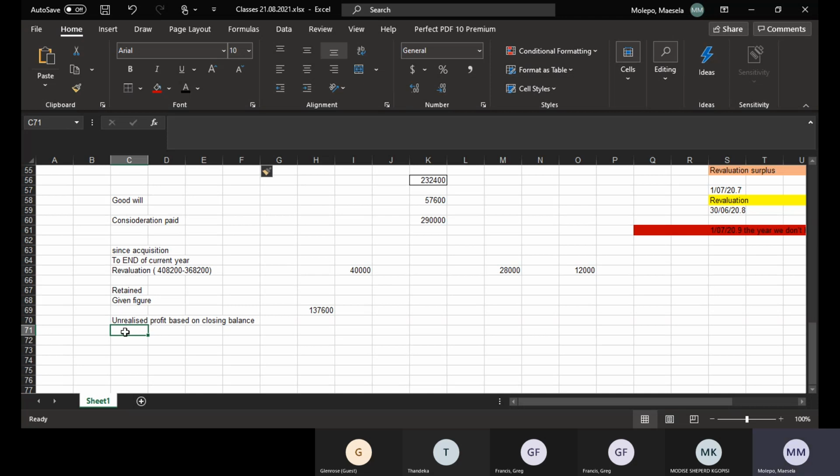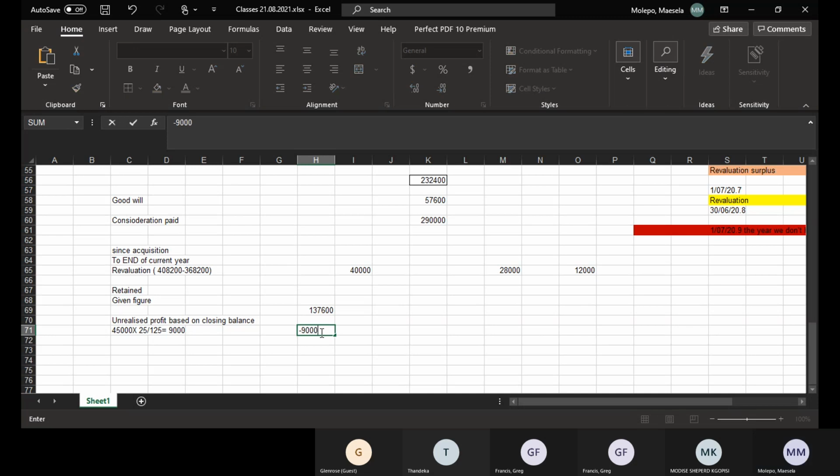So 45,000 multiplied by 25 divided by 125 is 9,000. So this 9,000 needs to be deducted, the reason being it is unrealized. It's not yet realized because A Limited didn't sell it to the public yet.